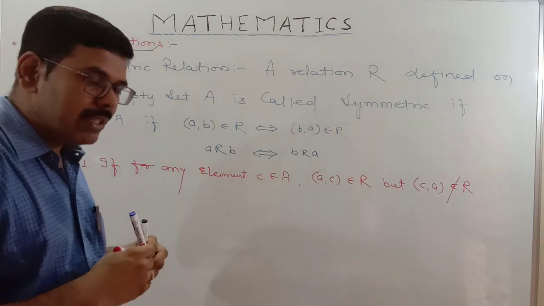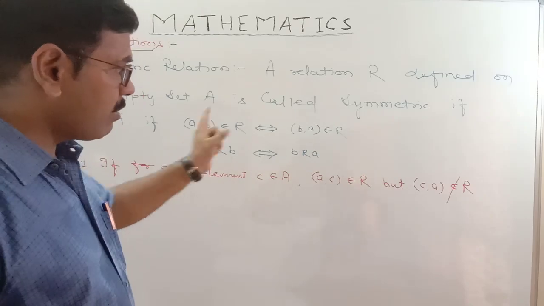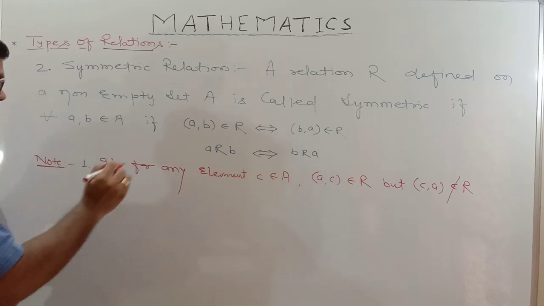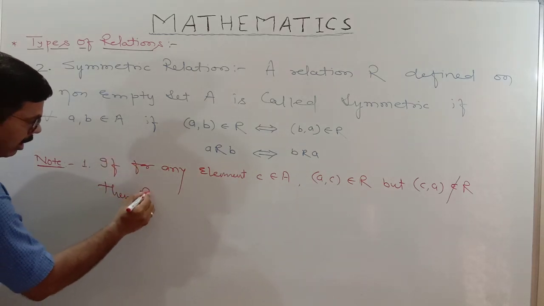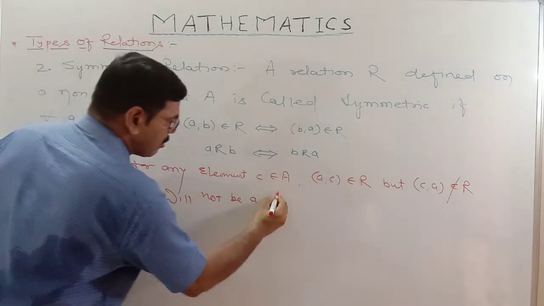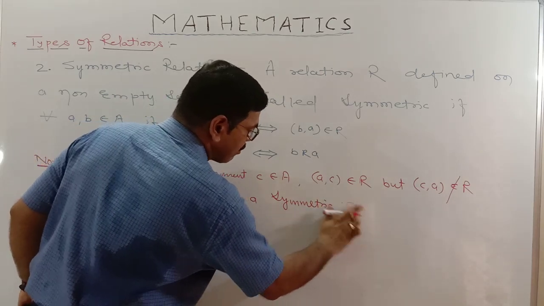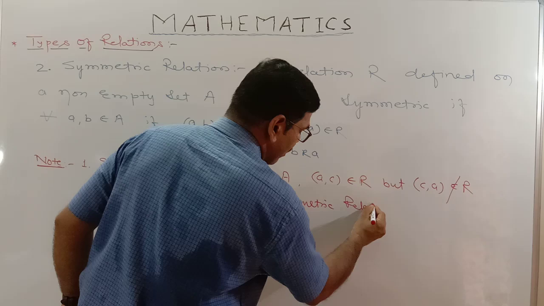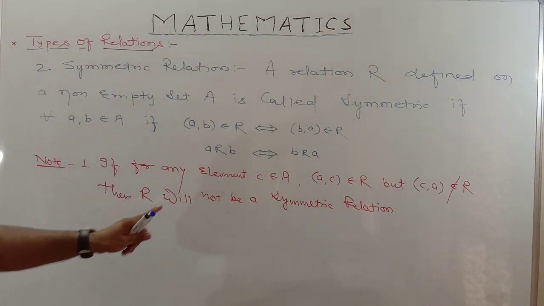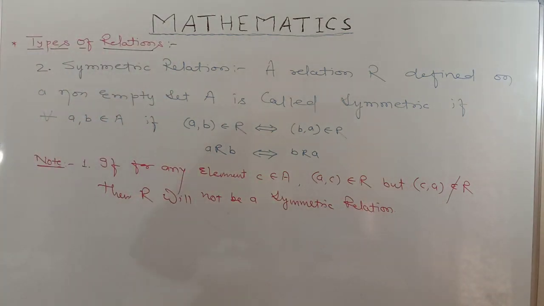Suppose A contains 5 elements. So for 4 elements it is symmetric. But if for any fifth element c it is not following the rule, then R will not be a symmetric relation.